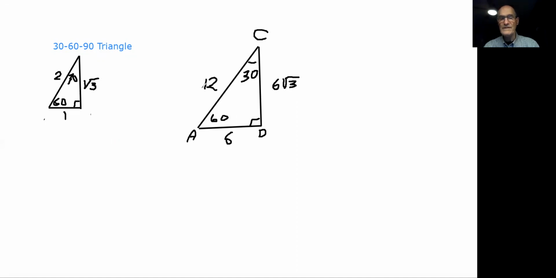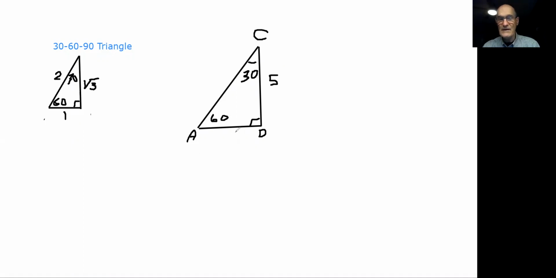Now, a similar problem like this, if I erase these numbers, you would get a number over here for the long side, but it wouldn't have the square root of 3. Let's say this is just, like, 5. Now, I know, once again, if I'm going from the long side to the short side, I divide by the square root of 3.